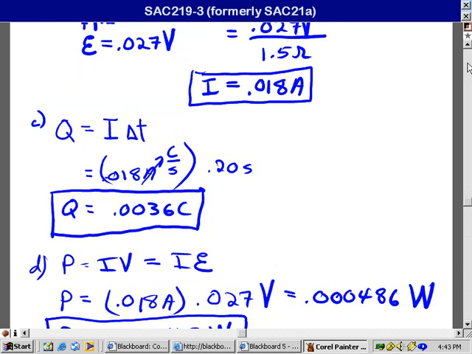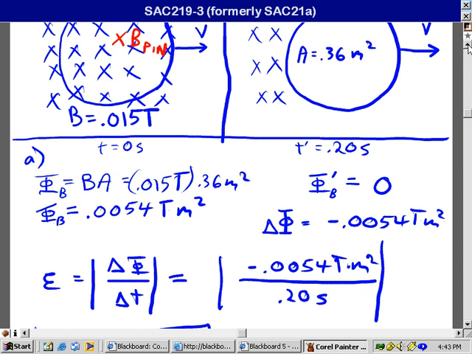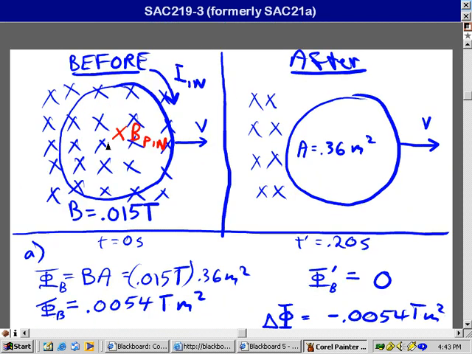We used Lenz's law. I'll make a quick check on that. Field lines are decreasing in number, and they're downward.